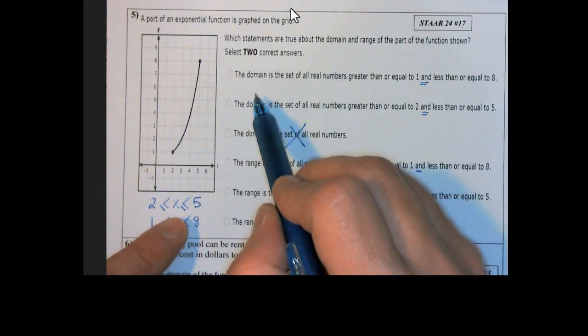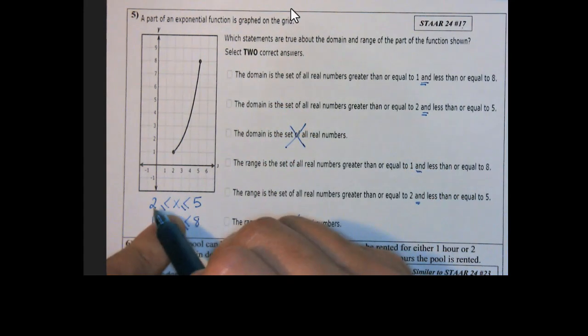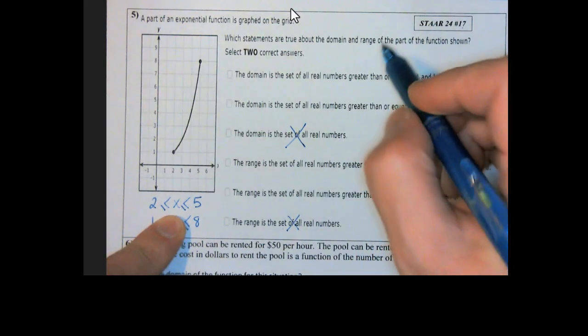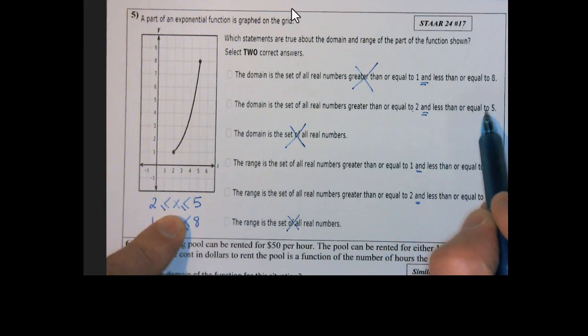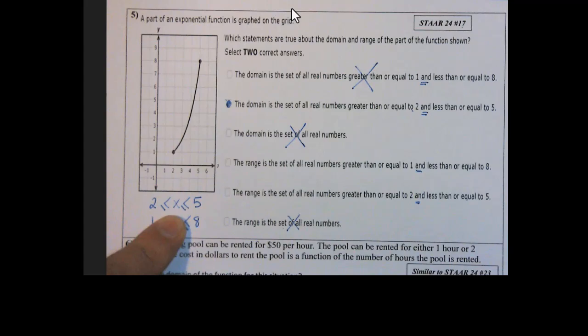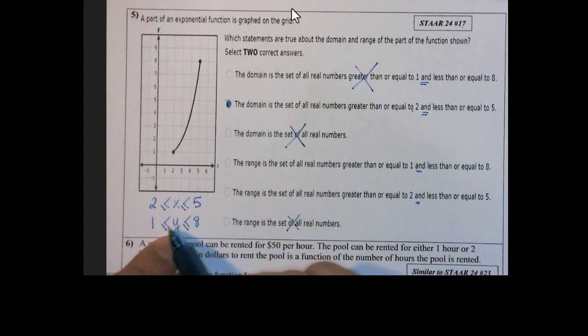Now let's see. One is talking about domain, and it says domain is between 2 and 5. So greater than or equal to 1, that's wrong. Greater than or equal to 2 and less than 5, that is one of the ones that I want to select. Then talking about the range, which is y, is between 1 and 8.